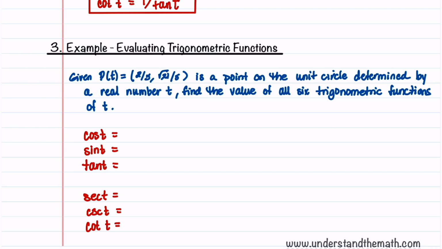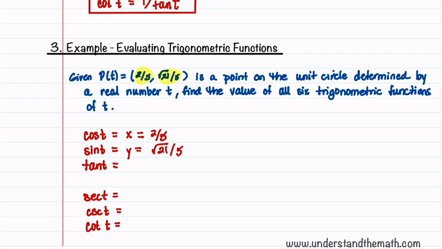Our cosine t is equal to x, which is equal to 2/5, because our point is equal to 2/5, root 21 over 5. Our sine t is equal to y, which is the square root of 21 over 5.